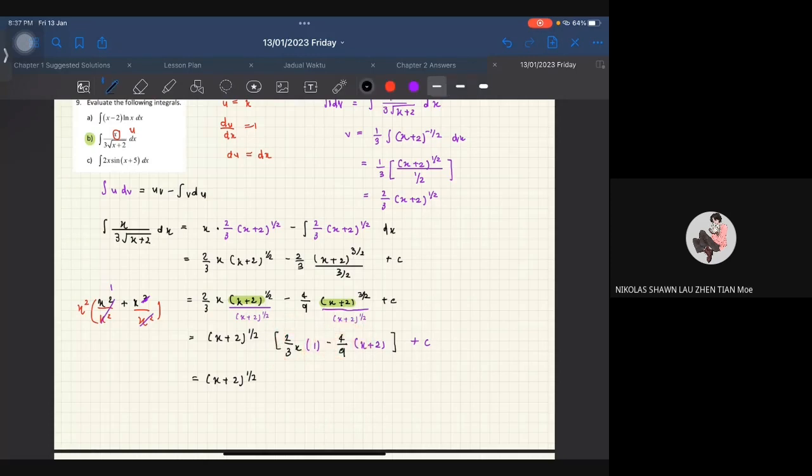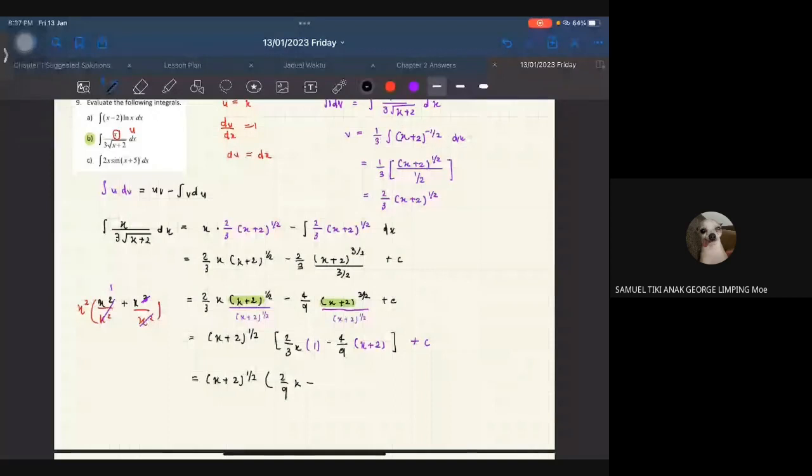Otak saya tak boleh berfungsi sekarang. 2/3 minus 4/9. 2/9. 2/9. So we get 2/9x. Thank you. Okay, and then saya dapat dengan that is gonna be negative 8/9 plus with C.